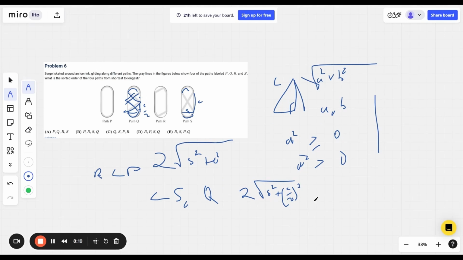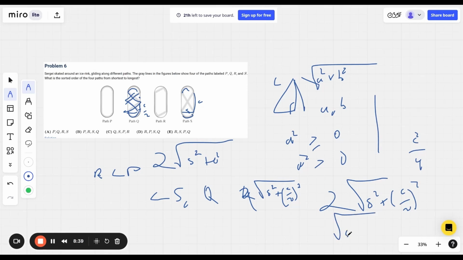Just here, and then 2 above, so we'll just change it to 4 times that. And then we'll compare those two. We just get 2 times the square root of S squared plus C squared over 4, versus the square root of S squared plus C squared.